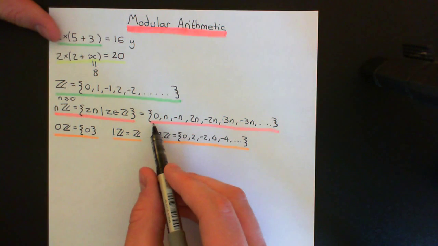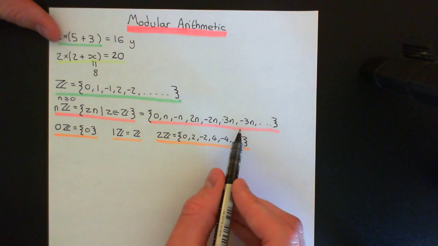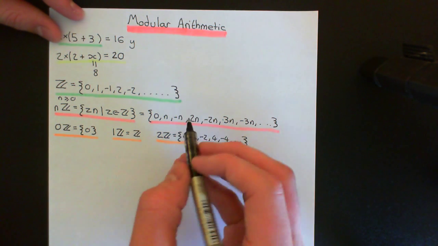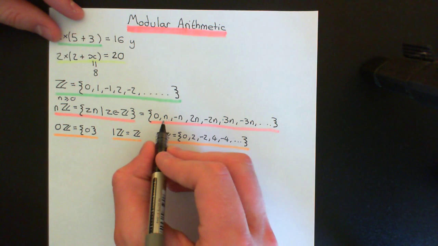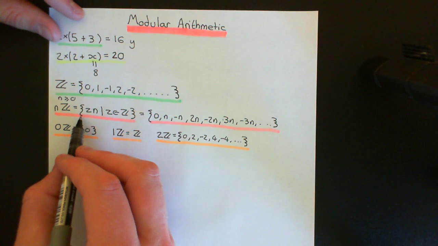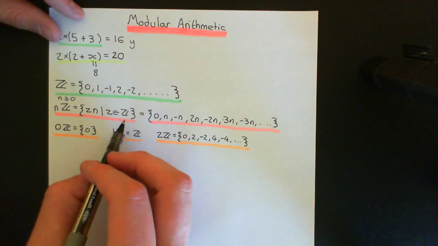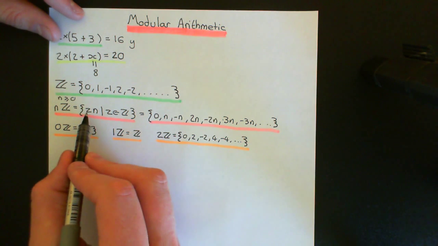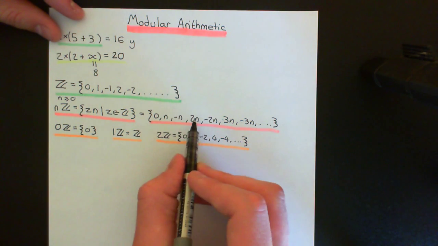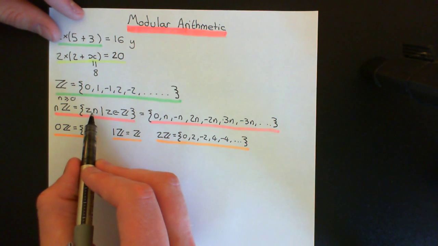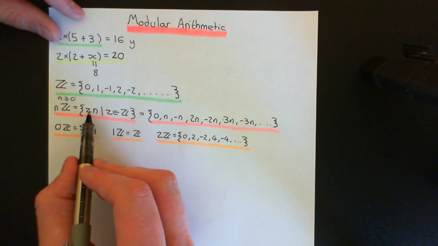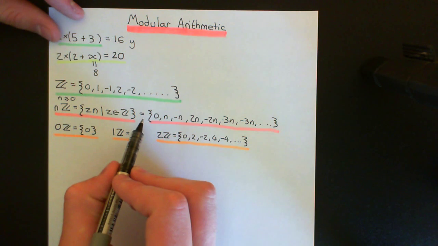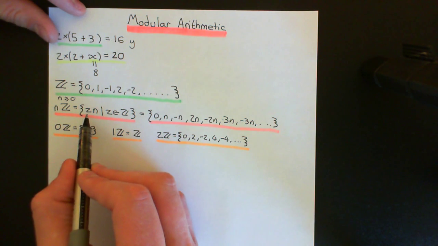So let's have a look at this subset and try to understand why it's going to obey the axioms of an additive subgroup. Firstly, I want to show that if you add any two of these together, you will end up with another element that's back in here. Hopefully that is apparent, because any two elements within this subset are going to be integer multiples of this element n. When you add together two integer multiples of n, you'll get another integer multiple of n back again.